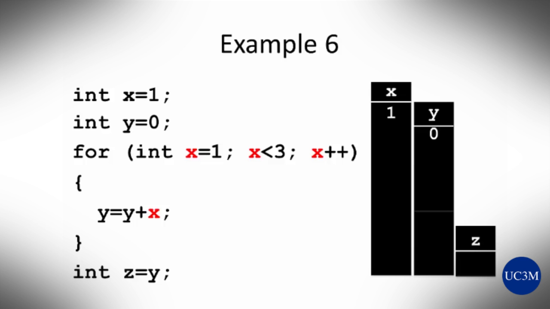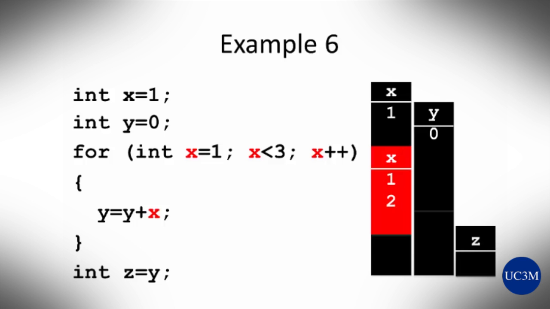So we have a global variable x, we have a global variable y, they initialize to 1 and 0 respectively. Then we have a global variable z that stores the value of y, but after executing this for loop. This for loop is executed twice, once for x equal 1 and once for x equal 2.